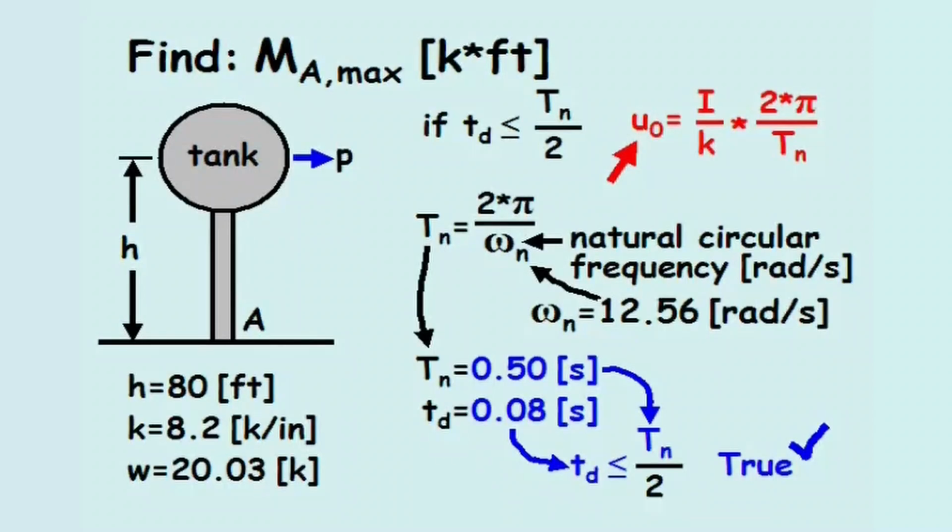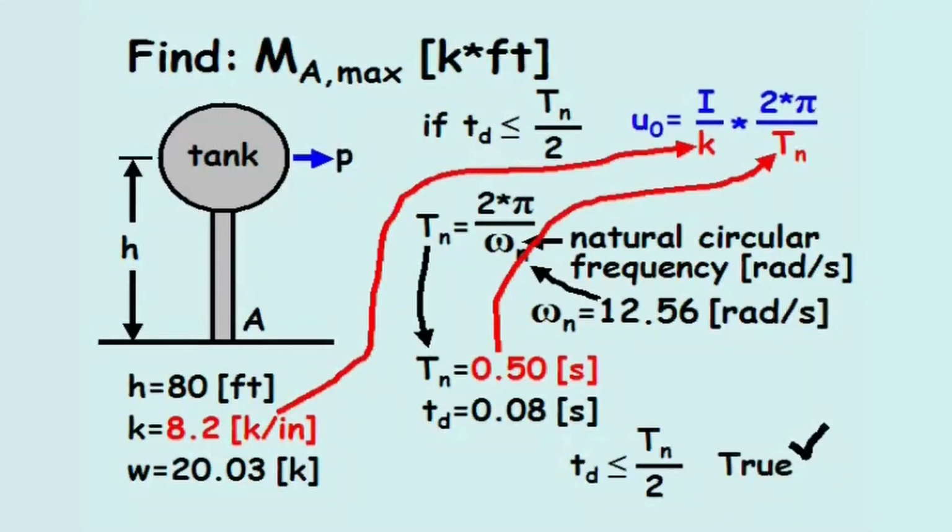In this equation for the maximum displacement, we already know the stiffness K and the natural period of the system, T sub n. But we don't yet know the impulse, I, which is quantified by a force times a time.